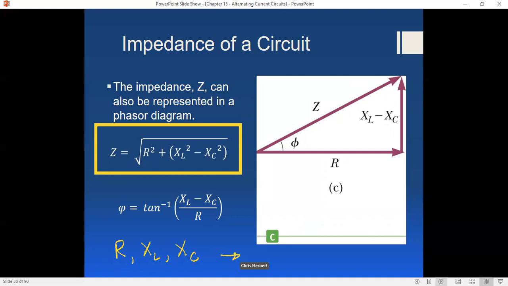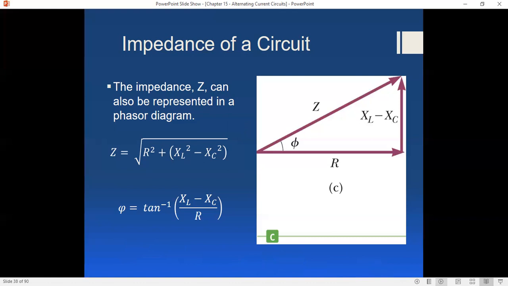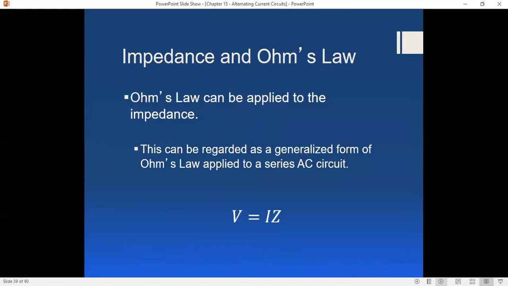This gives us something called impedance, which also has units of ohms, which will relate the maximum current that I have to the voltage and these other factors. So impedance is almost like the overall number of ohms that the circuit is going to have. And it is important to realize that Z is a function of the frequency. So Z is going to change as you change the frequency.